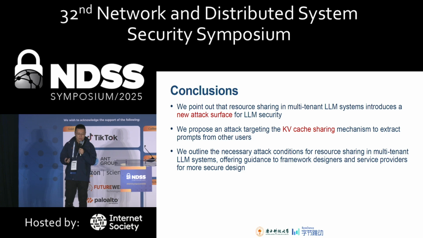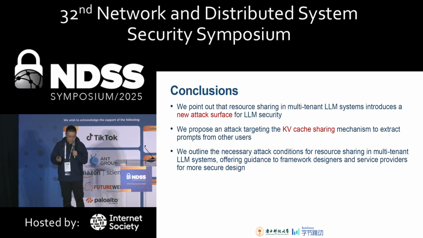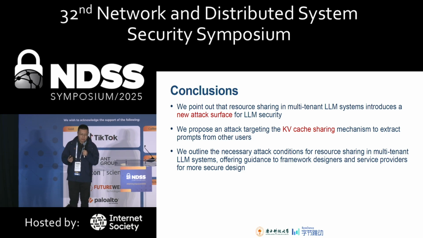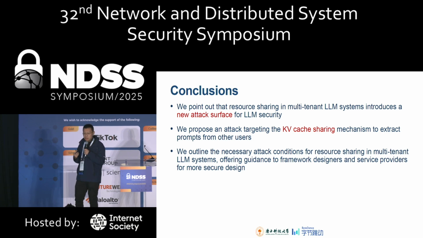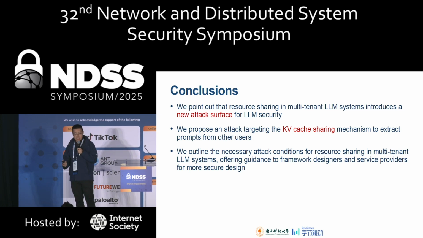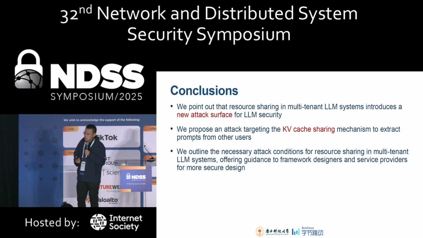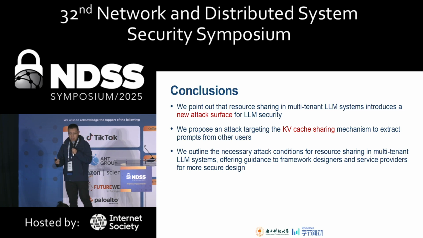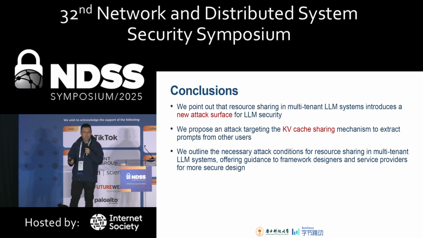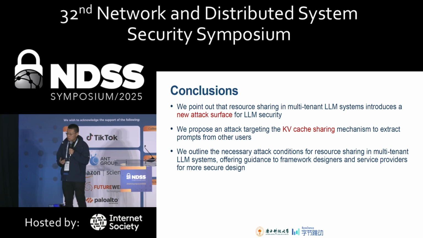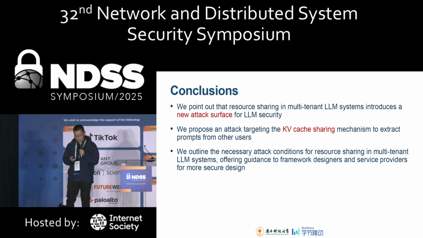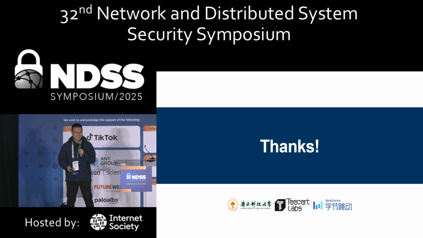The goal of our paper is to identify the problem and systematically study the characteristics of this attack, and try to give guidance to LLM serving framework designers so that they can avoid the problem when their framework is deployed in the real world. Okay, with that, I'd like to take questions.